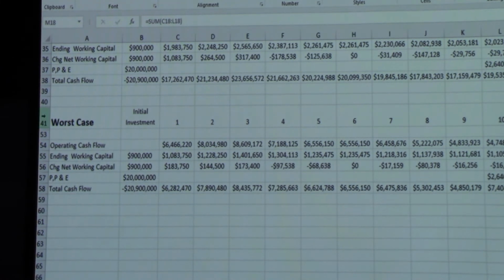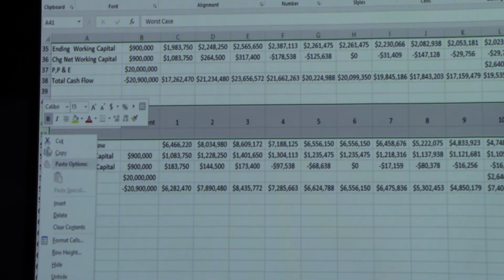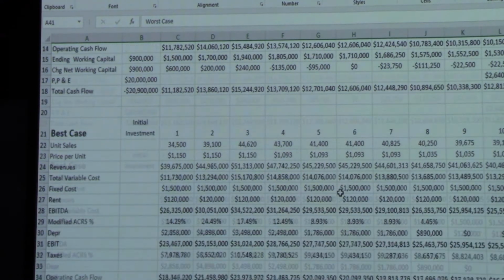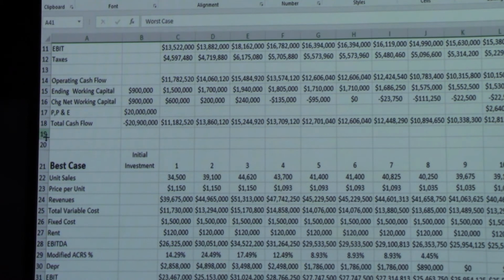let's open this up. Let's unhide this. So we've done a scenario analysis. Now, we can do a net present value. For illustration purposes, I would like to go ahead and find the present value of each of these cash flows. Okay?